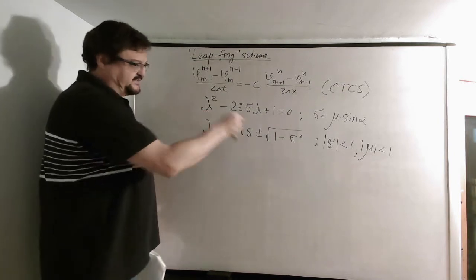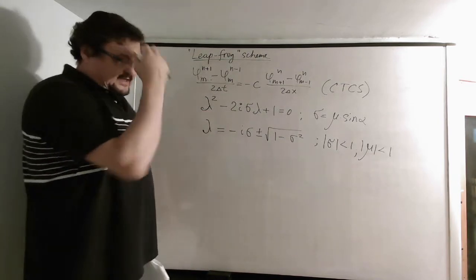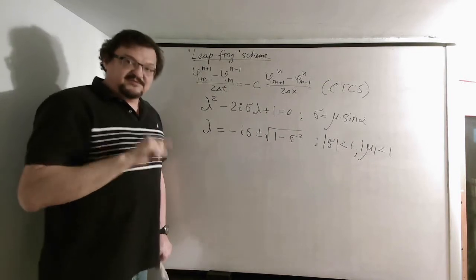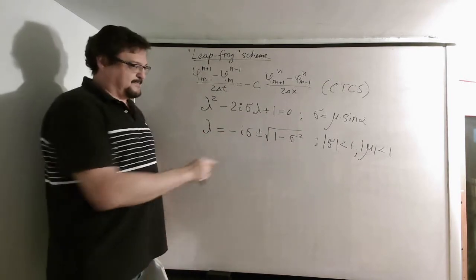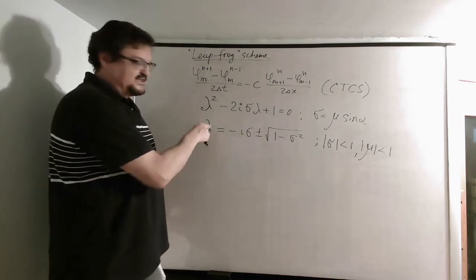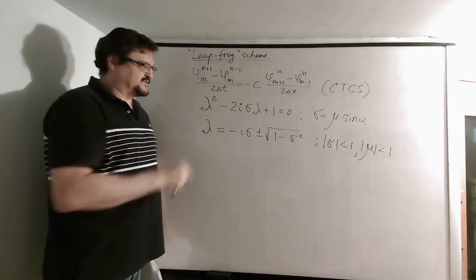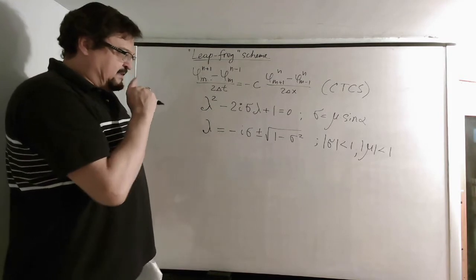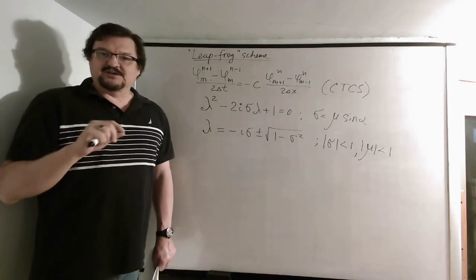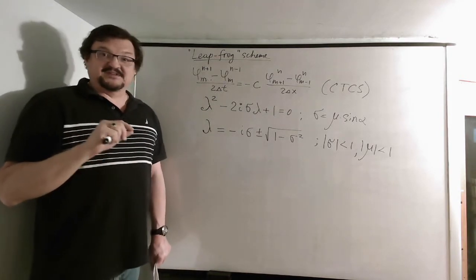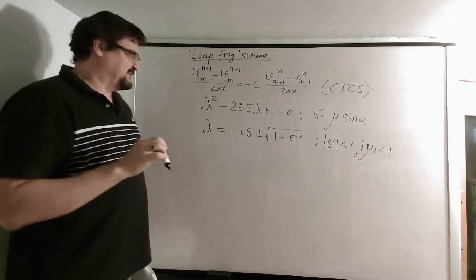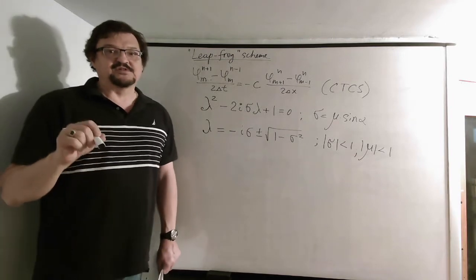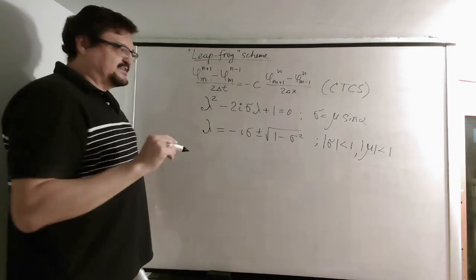We have two solutions, and both of those solutions have amplitude of lambda equal to 1. Regardless of plus or minus, you still have lambda absolute value equal to 1. But you cannot have two solutions. So one of them is actually a real solution, another one is not a real solution, or an unphysical solution, or so-called computational mode. What is that mode?